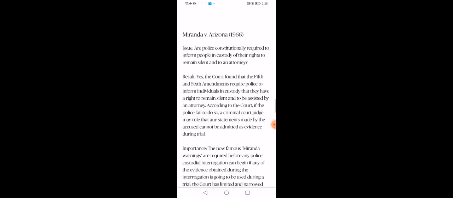Result: yes. The court found that the Fifth and Sixth Amendments require police to inform individuals in custody that they have the right to remain silent and to an attorney. According to the court, failing to do so means the evidence could not be admitted during trial.